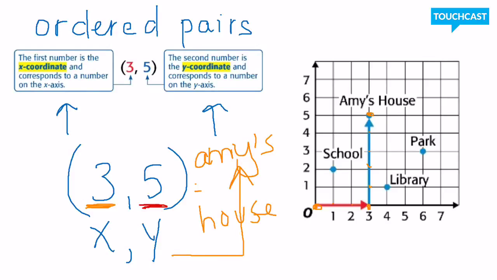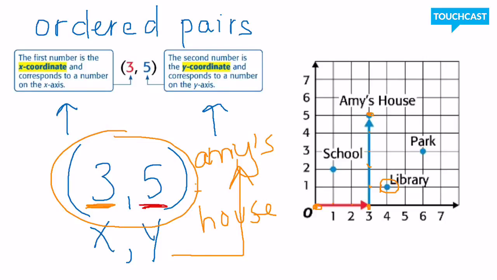I'd like you to pause for a second in your journal. Write down what coordinate matches the library. Your coordinate should look just like this, with your x-coordinate first and then your y-coordinate.